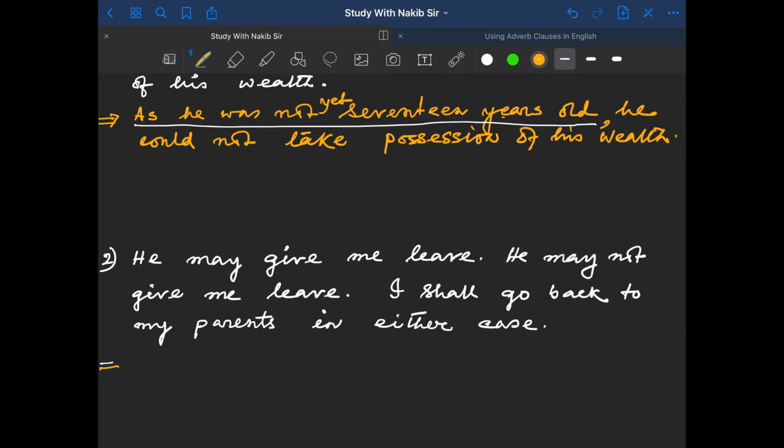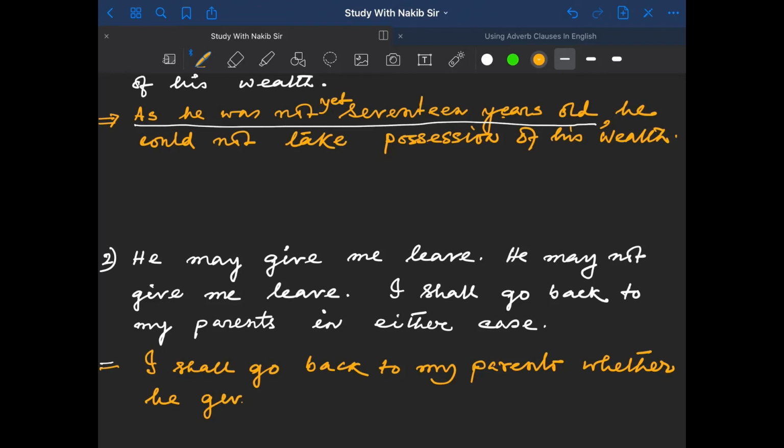So start, I shall go back to my parents, whether he gives me leave or not.